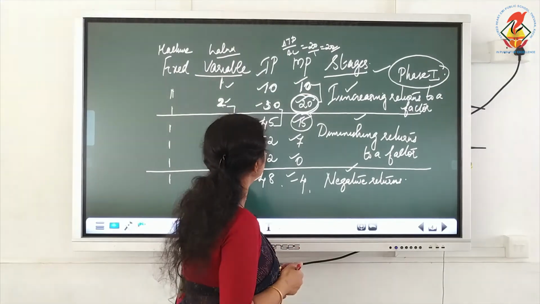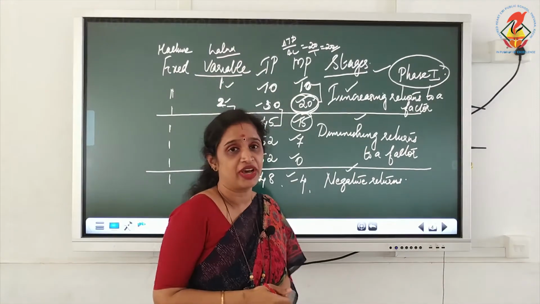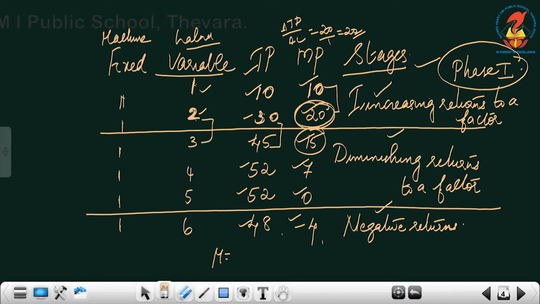Now the second stage we can find with variable inputs 3, 4 and 5. So this is the first labor, second labor, then we are adding labors from 3 to 5. What happens when we add labors? We can find total productivity increasing from 30 to 45, then from 45 to 52, then again from 52 to 52.